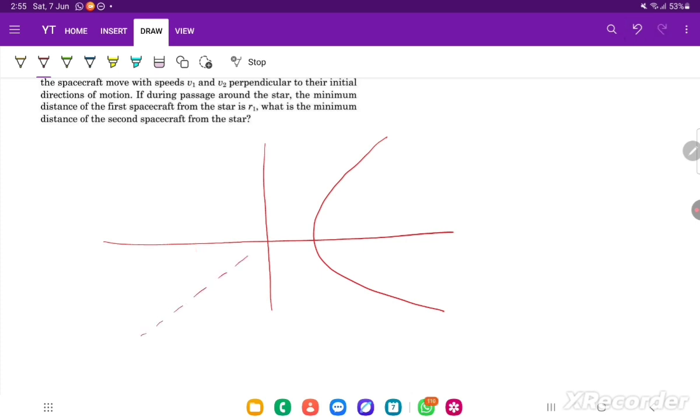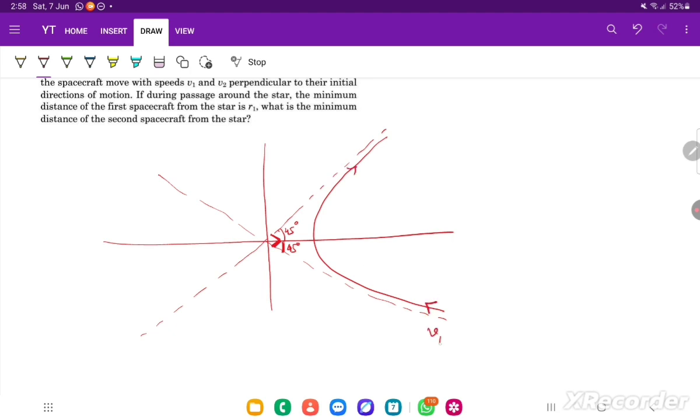So this is one asymptote, and the other one is something like this, and these two are inclined at an angle of 90 degrees with each other. So these angles will be 45 degrees. This one also 45, this one also 45, right? So this is the trajectory, right?